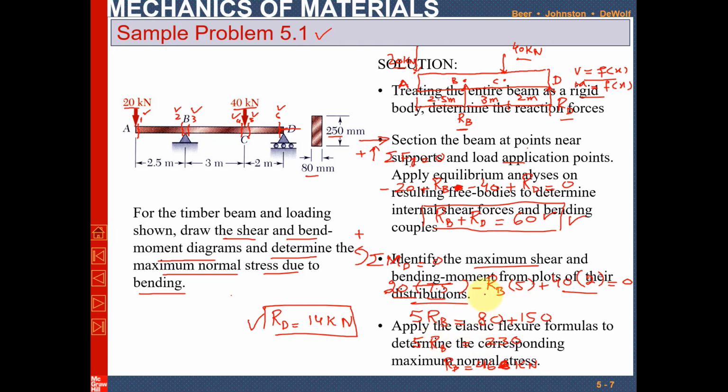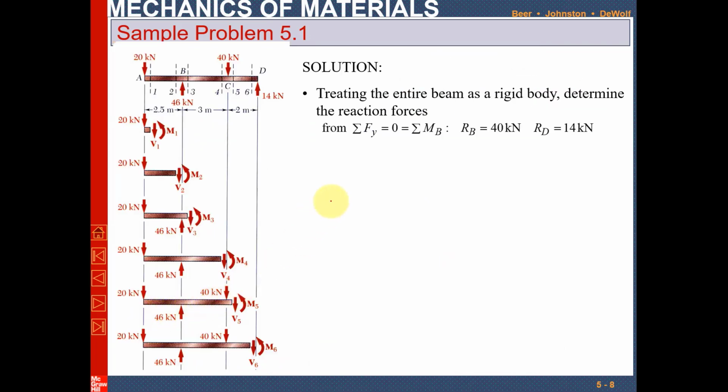When you get the maximum bending moment, you will apply sigma m is equal to Mc divided by I, which is known as the flexure formula, used to determine the maximum bending stress. So this is the solution of the problem, sample problem 1.